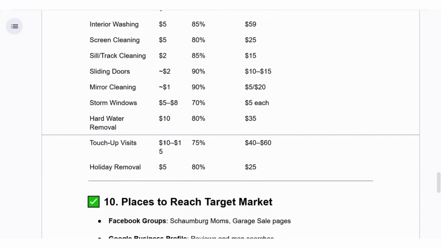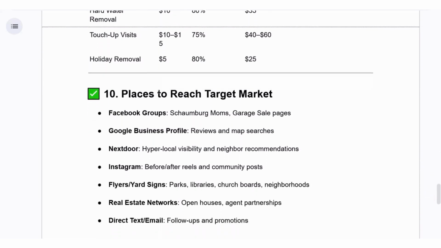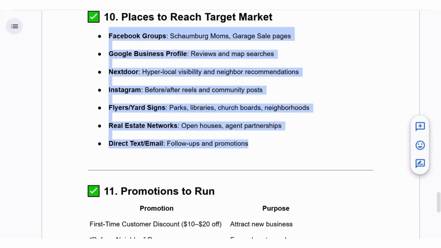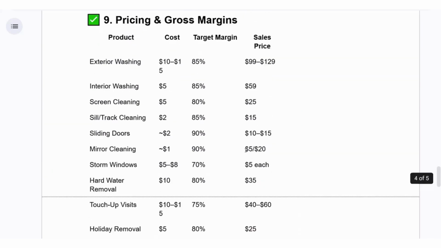Pricing and gross margins. Again, review all this stuff. You are the expert, or you need to become the expert in this, and make sure that these things are reasonable. These are ideas on how to promote your business. So the places. So these are talking your 4 P's in here.